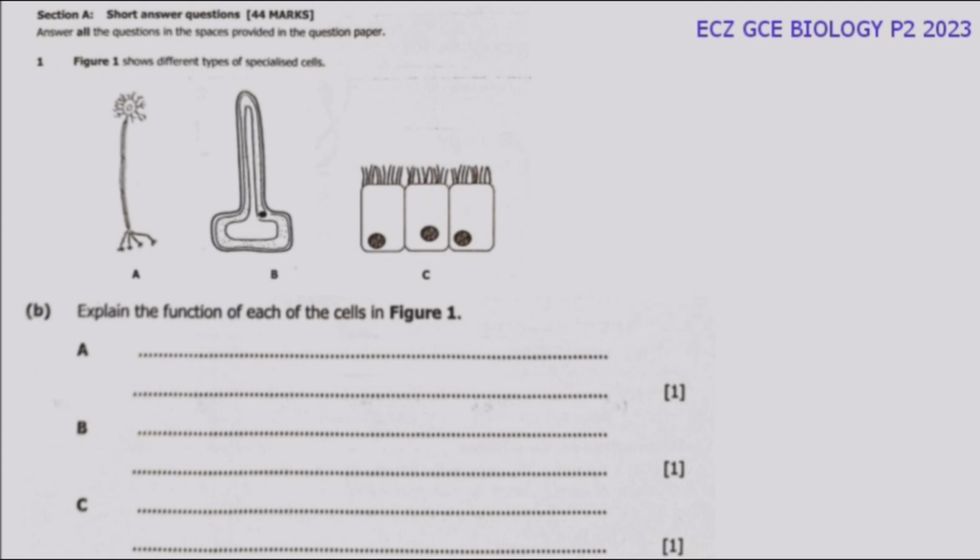What is the function of motor neuron? The function of motor neuron is to conduct electrical impulses to affect muscles or organs. That is the function of motor neuron.